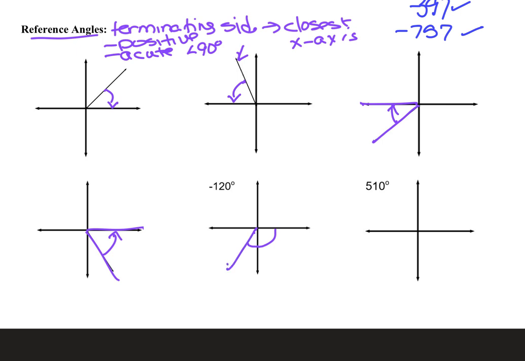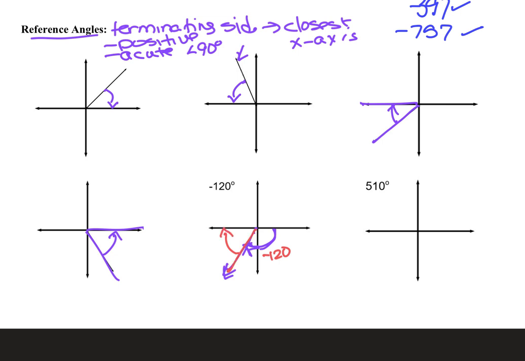When you draw an angle in standard position, you always have to include the little swoosh with an arrow and the terminating side with an arrow at the end. That is ugly. But then when we draw the reference angle, if this was negative 120, this is the reference angle from this side to the x-axis.